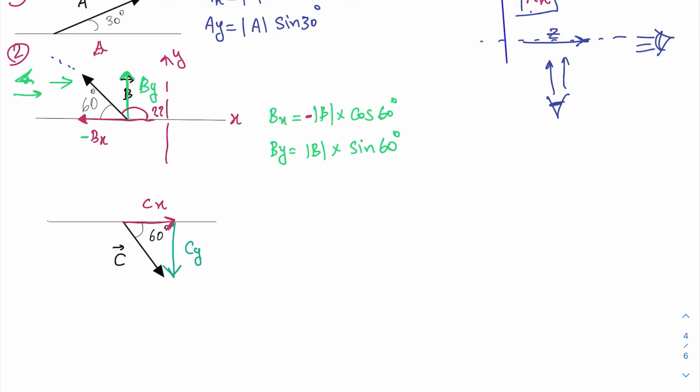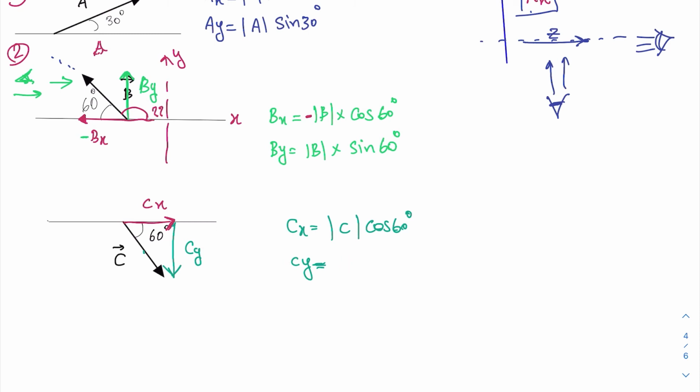So in this case, again, I will write Cx is equal to the magnitude of the vector C times cosine 60 degrees, and similarly Cy is equal to the magnitude of C times sine.